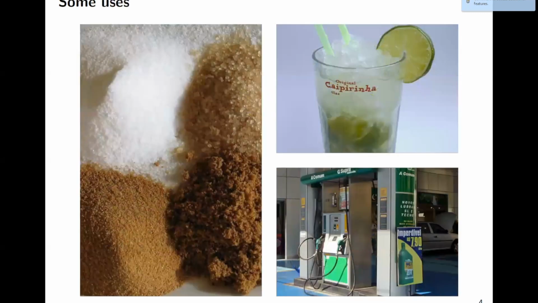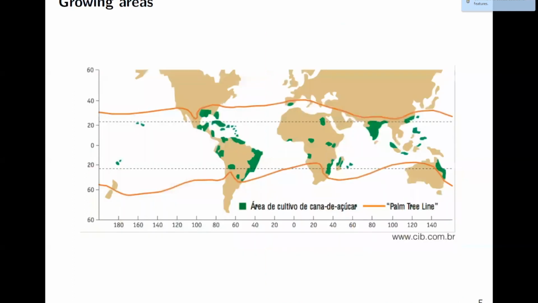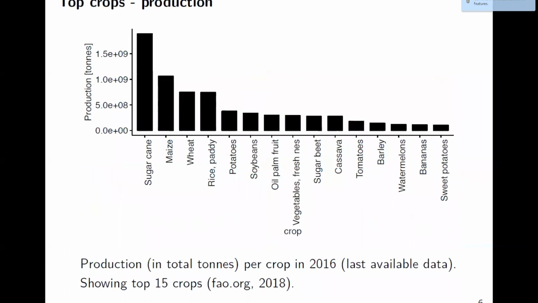Sugarcane, as you might know, is used for producing sugar. And also another very common use of sugarcane is to produce ethanol, both for human consumption and for cars. And that happens especially in Brazil, which is the largest producer of sugarcane in the world, followed by India and China.